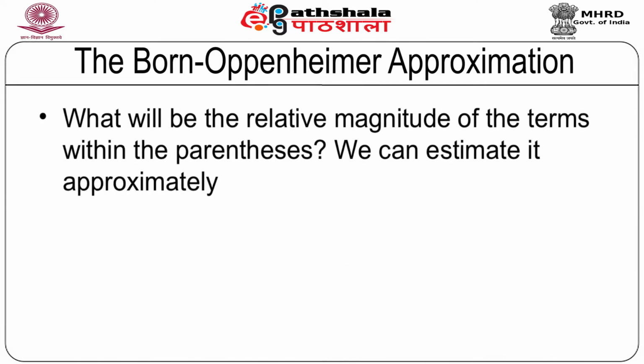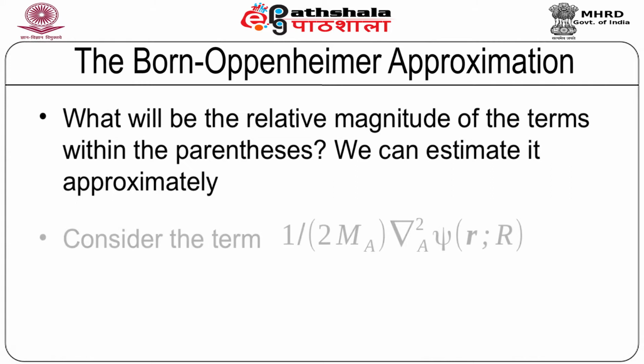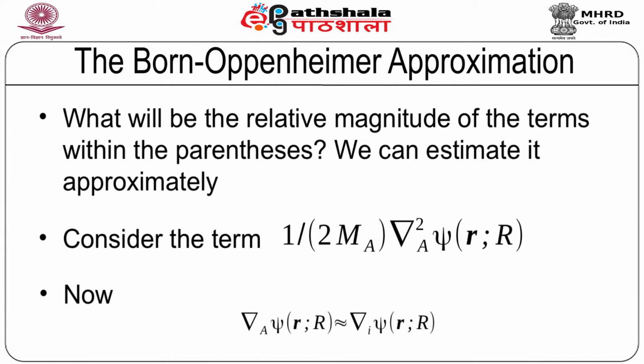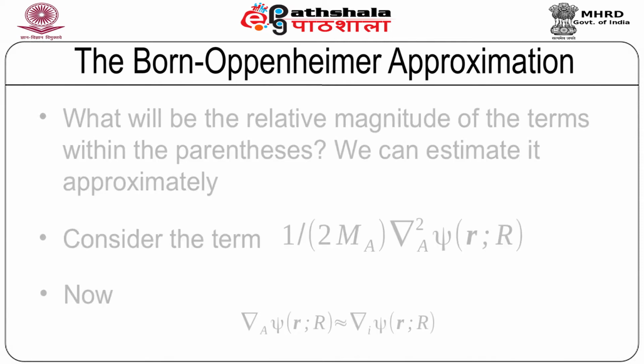What will be the relative magnitude of the terms within the parenthesis? We can estimate it approximately. Consider the term 1 by 2 MA ∇²_A ψ(r,R). Now, ∇_A ψ(r,R) is about the same as ∇_i ψ(r,R) since they operate over similar dimensions.